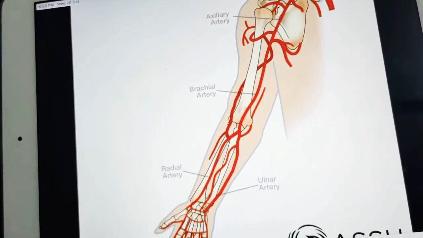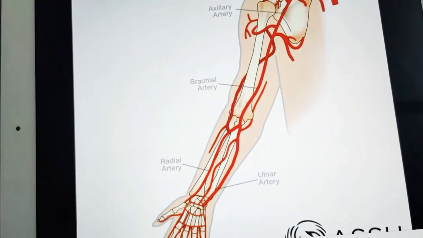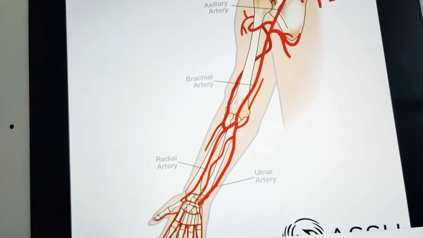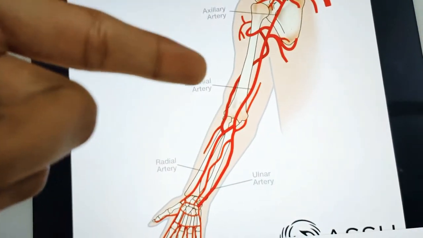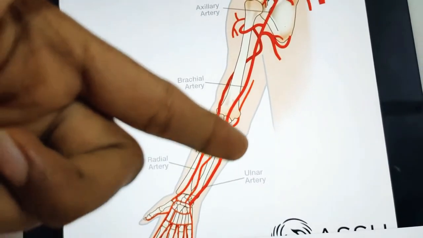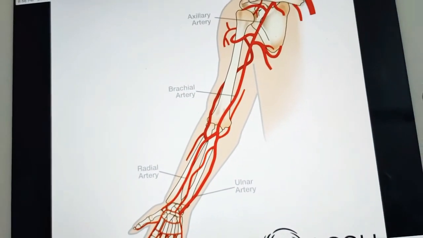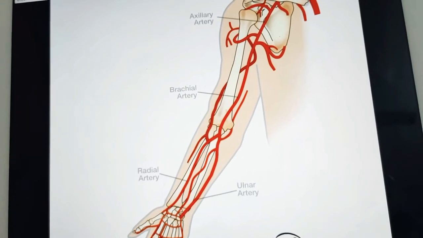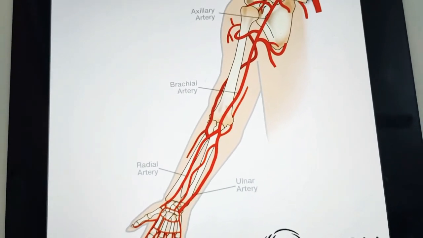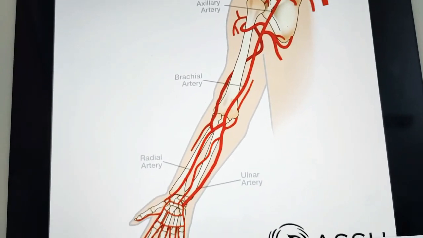Why ulnar nerve? Because the medial side has the ulnar nerve, and also the basilic vein, because you know the basilic vein is on the medial side and the cephalic vein is on the lateral side. So the basilic vein and the ulnar nerve are related to the medial side of the brachial artery in the upper part, but in the lower part, to the median nerve.